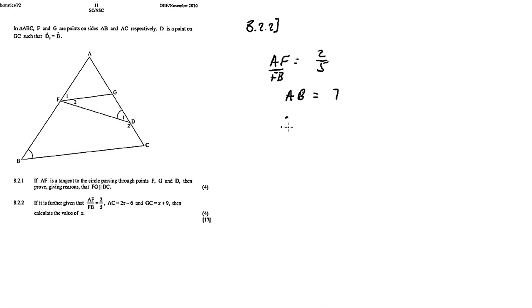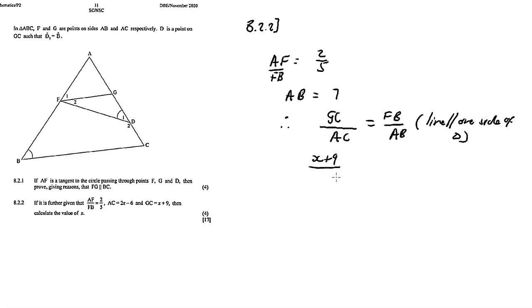So therefore GC over AC is equal to FB over AB. Reason: this is theorem 1, a line parallel to one side of a triangle. GC is x plus 9.